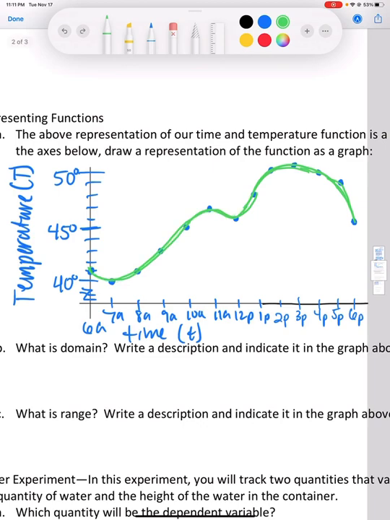So I'm doing a lot of marks here so I can make a good flowing function. There we go. So there's our function, and here's our points again.